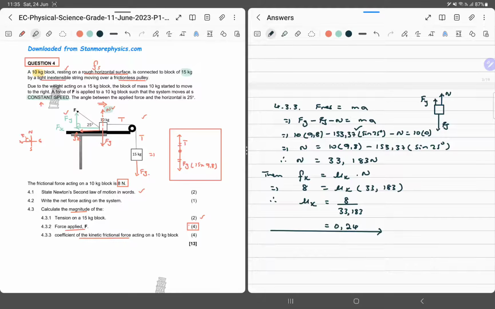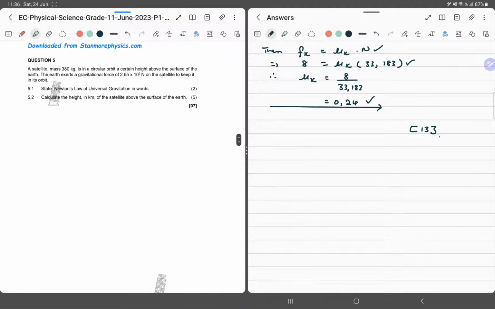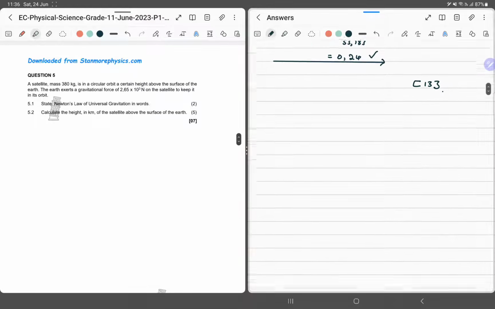In fact, even Fg we did not calculate here, so sometimes that is good enough. The rest is really history, and then we can say formula, substitution, and answer. 4 marks. So we take our 13 marks with a big smile. Next question.